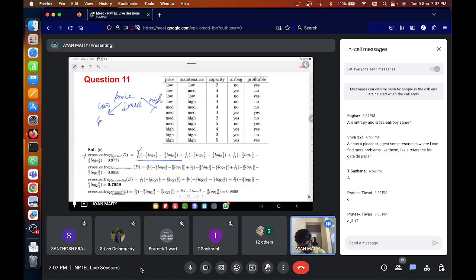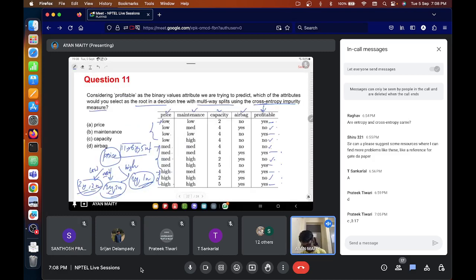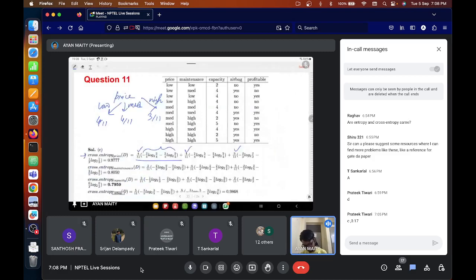So 4 out of 11 are going here and 4 out of 11 are here and 3 out of 11 are going in high. So that's why 4 by 11, 4 by 11, 3 by 11, they are the weights for different partitions, and this is the entropy of the low partition. So because there are 2 yes and 2 no, it will be 2 by 4 log base 2 of 2 by 4 minus 2 by 4 log base 2 of 2 by 4.